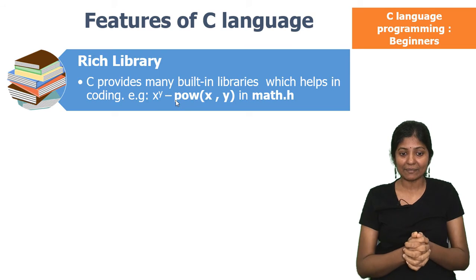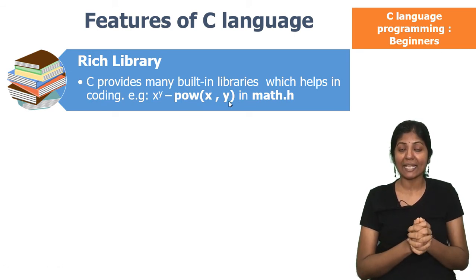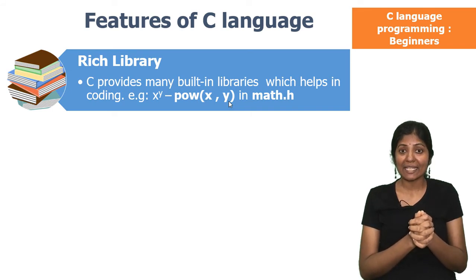We can see here, to calculate the power, we will write like this: pow, the function name, and we are passing x comma y. X represents the base and y represents the power. Here, x is 100 and y is 50.